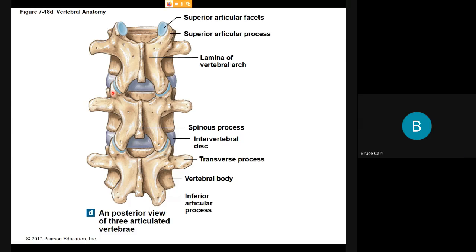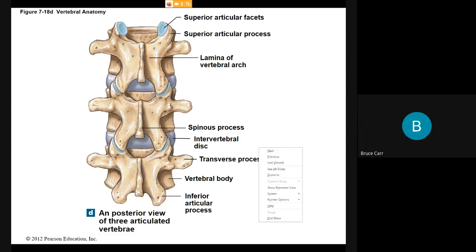Its superior processes articulate face to face with the inferior processes of the vertebra above, and going back to the middle, the inferior processes articulate face to face with the superior processes from below. So you can see this vertebra is mounted with a kind of 5-point stance. Intervertebral discs separate the bodies and cushion them, and these inferior and superior connections produce a kind of triangle of support that allows for twisting and rocking back and forth.